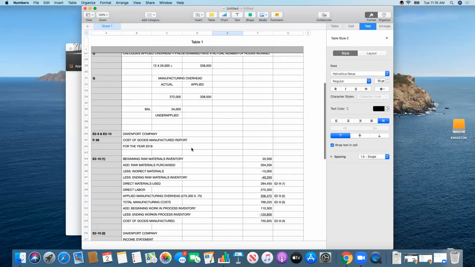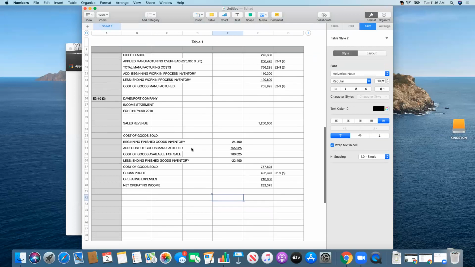Well, we're going to look more closely at that. We're going to say, well, wait a minute, maybe some of the overhead will vary by direct labor. Maybe some of the overhead will vary based on machine hours. But maybe not all the overhead works that way.